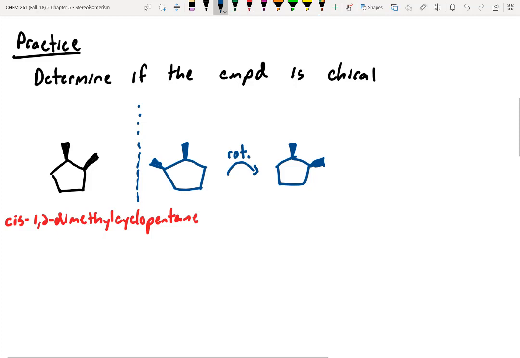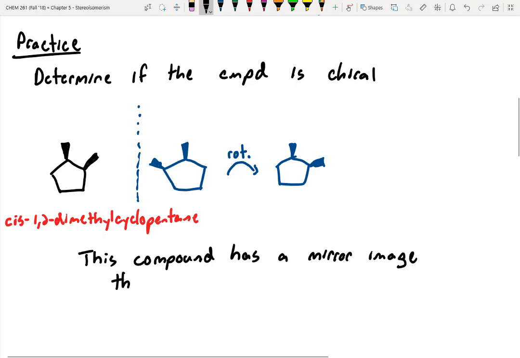So what I would say is these are the exact same compounds, or this compound has a mirror image that is identical. Therefore, it is not chiral. Let me fix this C. Does that make sense?